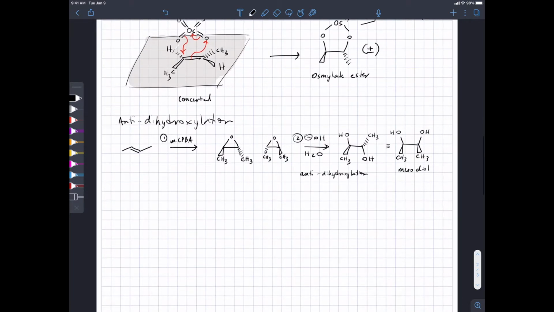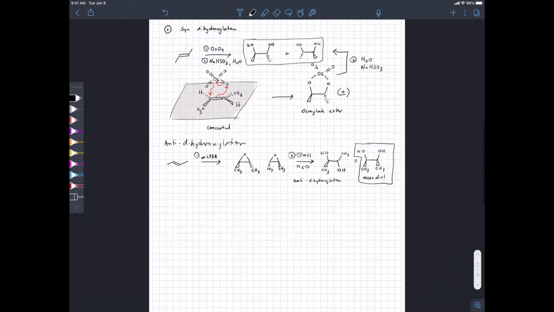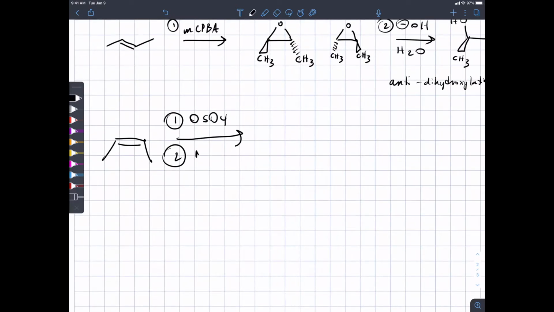But if we do anti-dihydroxylation with the same starting material, we get the meso diol. Okay, and you should go through after class and convince yourself that if you start out with the cis alkene and you do syn dihydroxylation, you get the meso diol as the product.